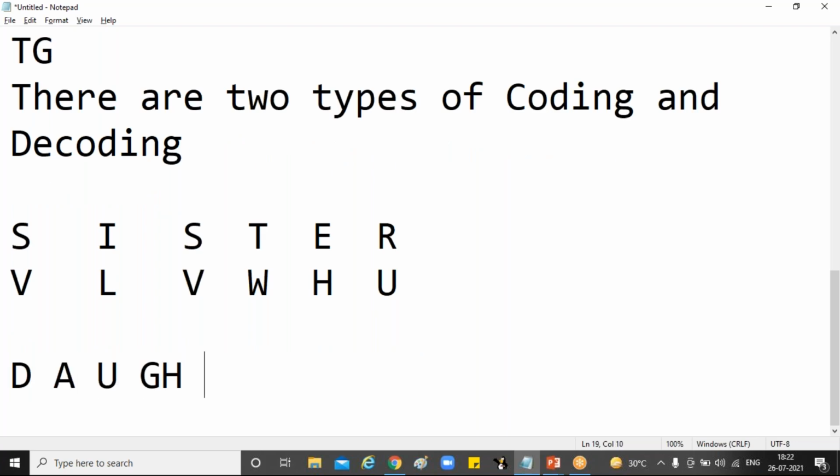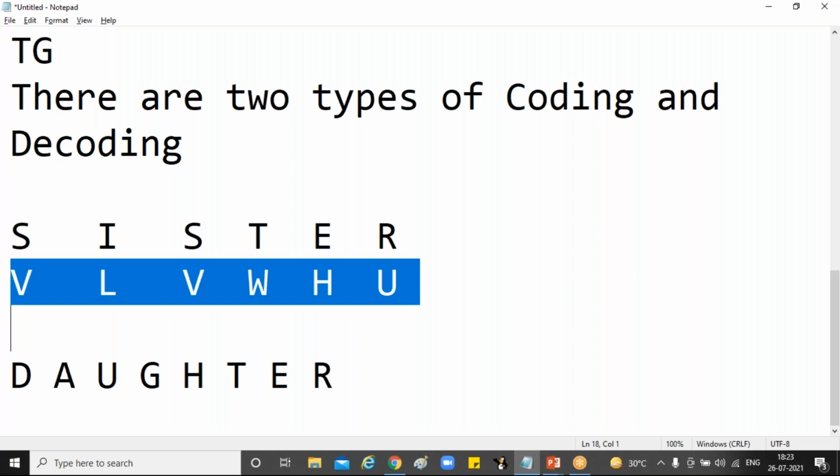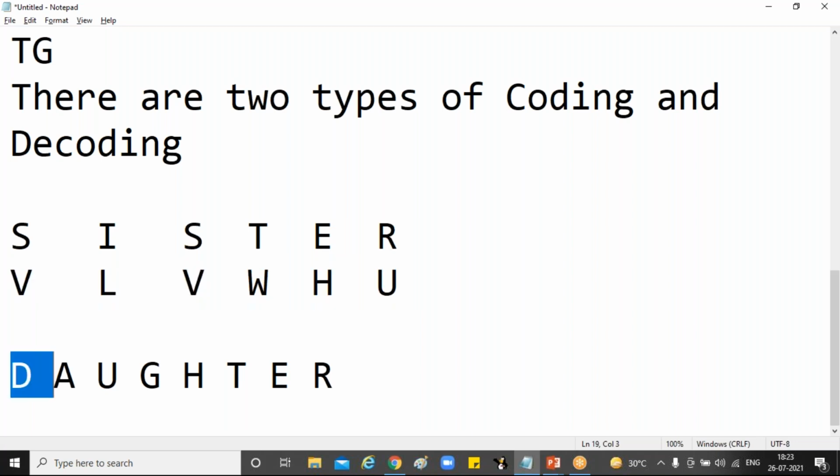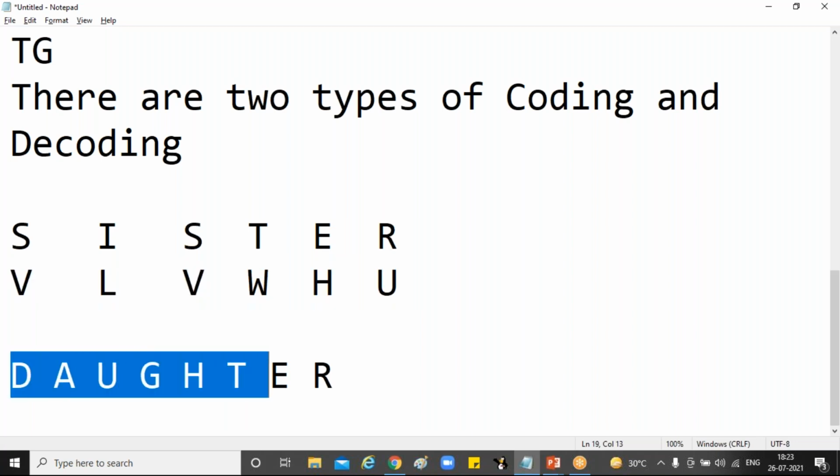So what is the code for DAUGHTER? The same logic that is applicable for SISTER to get VLVWHU. Here already we know plus 3 is the logic. The same logic is also applicable for DAUGHTER. Understood, all of you?